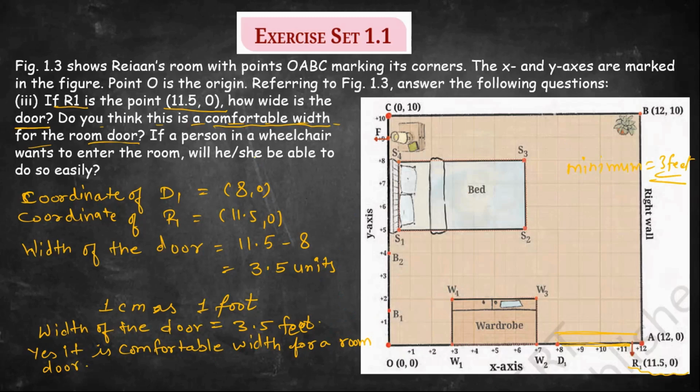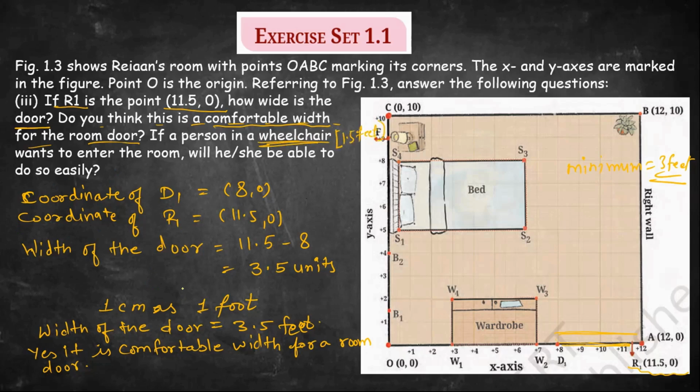Now if a person in a wheelchair wants to enter the room, will he or she be able to do so easily? Yes, because the standard width of the wheelchair is 1.5 feet.